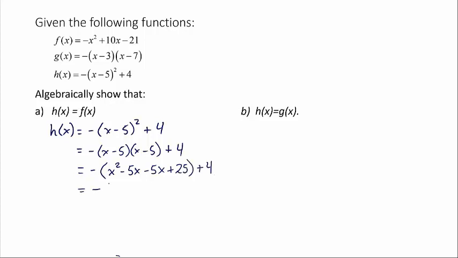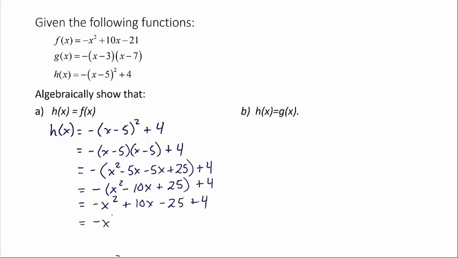So I'm going to clean this up a little bit. Negative times the quantity x squared minus 10x plus 25, plus 4. Now I have to distribute the negative through the parentheses. So I'm going to have negative x squared plus 10x minus 25 plus 4.